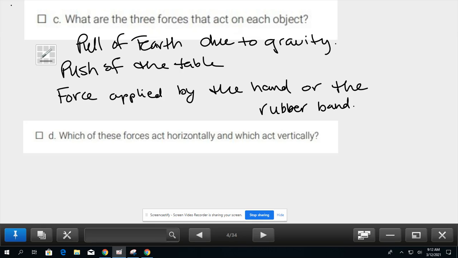Horizontally, think of the horizon. Horizontal is from left to right. That's horizontal. Vertically, I think of my vertebrae, my backbone, up and down or north to south. That's vertically.